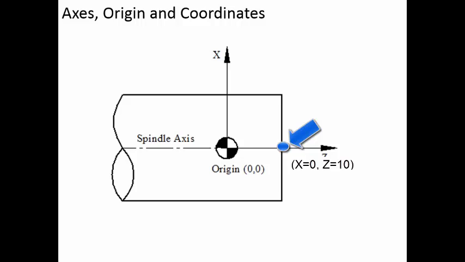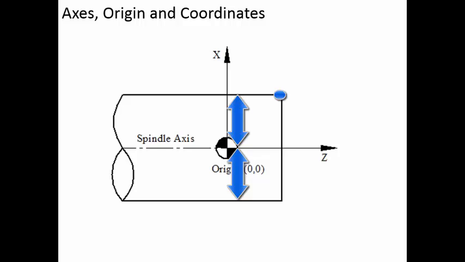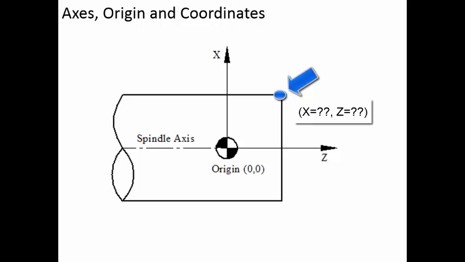Now if you take a point over here, from here to here it is 10, and from here to here is also equal to 10. So if the distance from here to here is 10, the diameter of the workpiece is 20 millimeter. This radius is 10, this radius is 10, so at this point the diameter is 20. So what is the x coordinate over here? The x coordinate is equal to the diameter at that particular point.